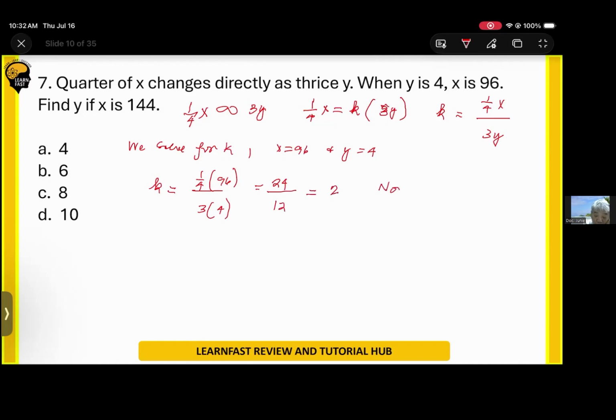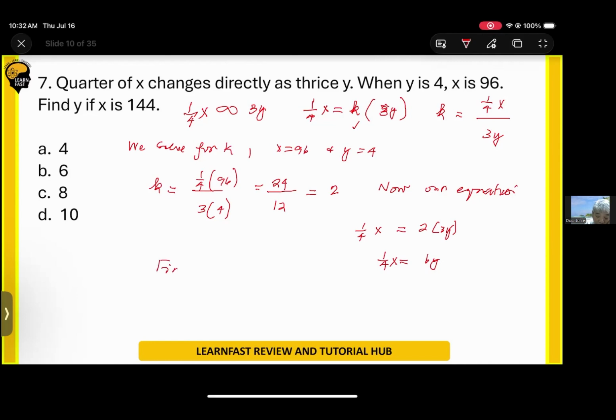Now our equation is transformed to 1/4 of x equals k, which is 2, times 3y. So your right side becomes 2 times 3, which is 6y. So now we can solve for the value of y.